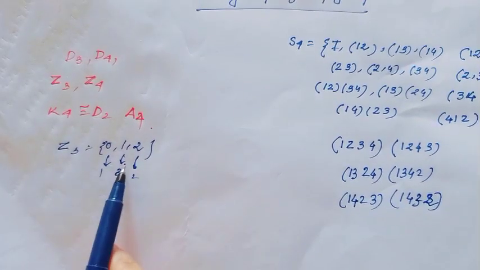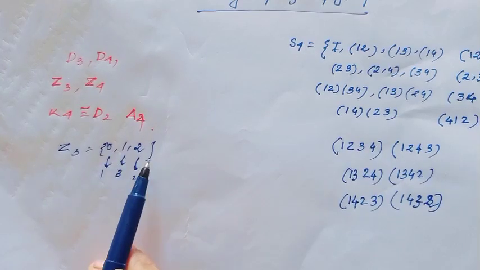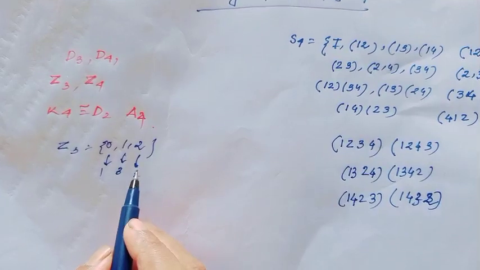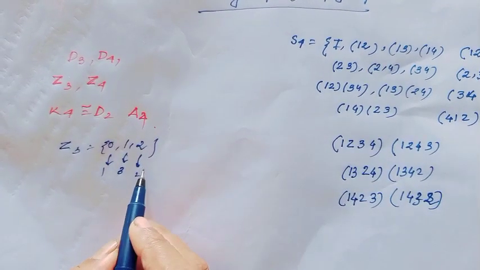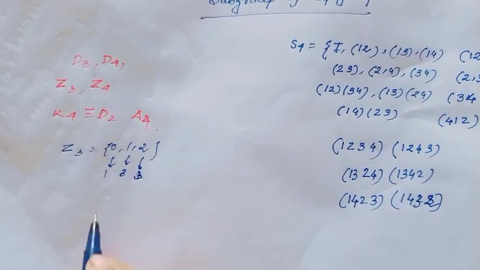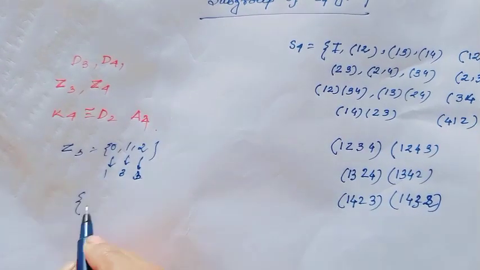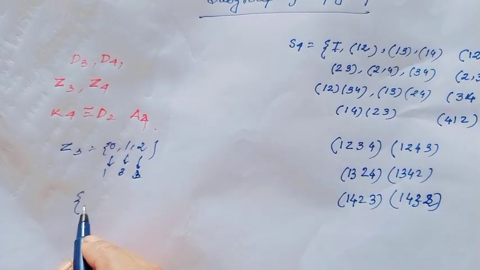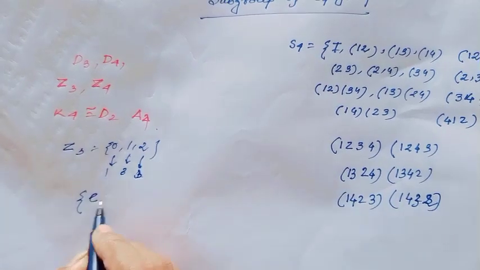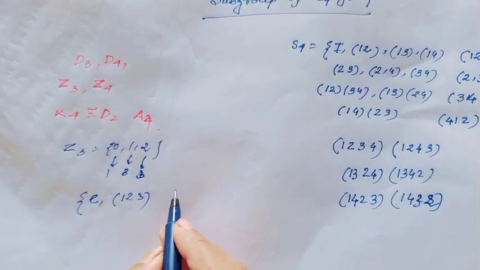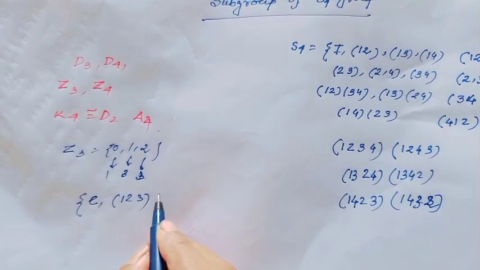At first, we all know the elements of Z3 are 0, 1, 2, where the order of 1 is 3 and the order of 2 is also 3. So in S4, the subgroup structure which is isomorphic to Z3 would be of this type: identity, (1 2 3), and the inverse of (1 2 3), obviously (1 3 2).